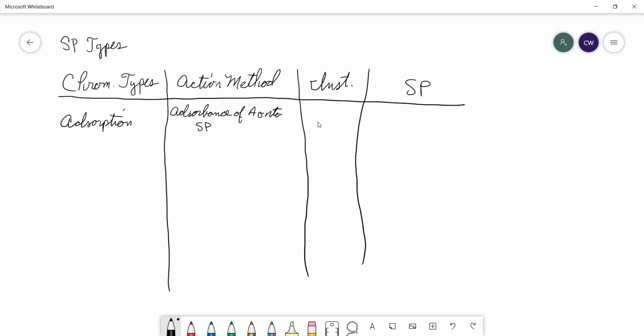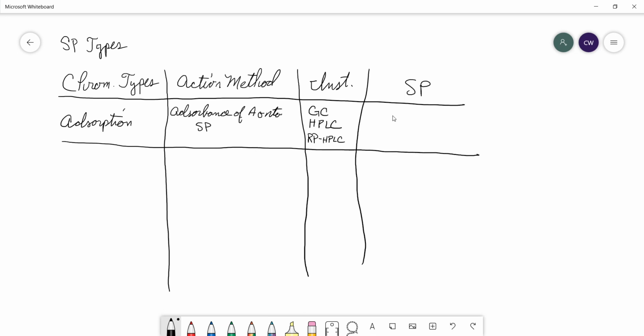We see this a lot in GC. We can also see it in HPLC. HPLC stands for high performance liquid chromatography. You will also see RP HPLC, which stands for reverse phase HPLC. We'll get to what that means later.